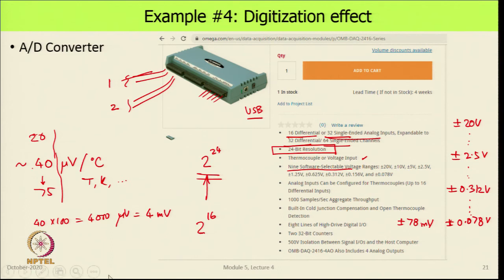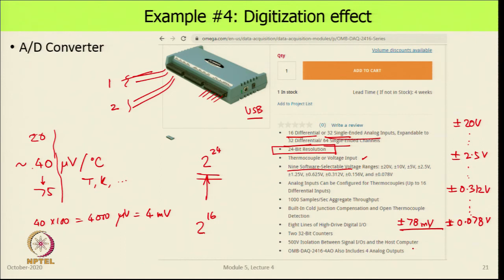Now, what we see is that no matter what we do, even at the smallest range, we are going to be using only a very small fraction of this 78 millivolts. Just a few bits out of the 2 to the power 24 bits will be used, the rest will lie unused, and we will not get that fine difference in the measurement.